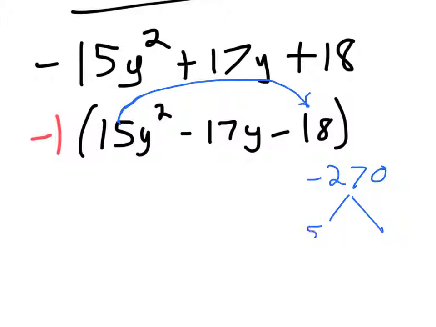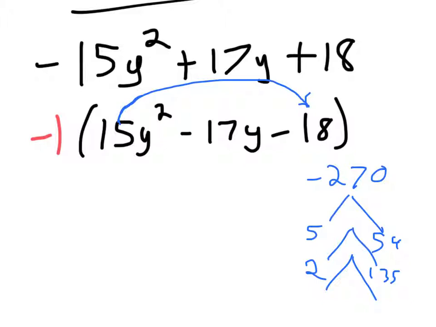So we know 5 would fit into 270. That's 54 times that fits in. 270 is even, so how many times does 2 fit into 270? Man, I'm a math teacher. I should probably know this, but needed a calculator. 135. You can keep going through the list, try to think of all the different pairs that multiply to be 270, but the ultimate goal is to be looking through these pairs and finding a pair of numbers that add up to be this middle term.